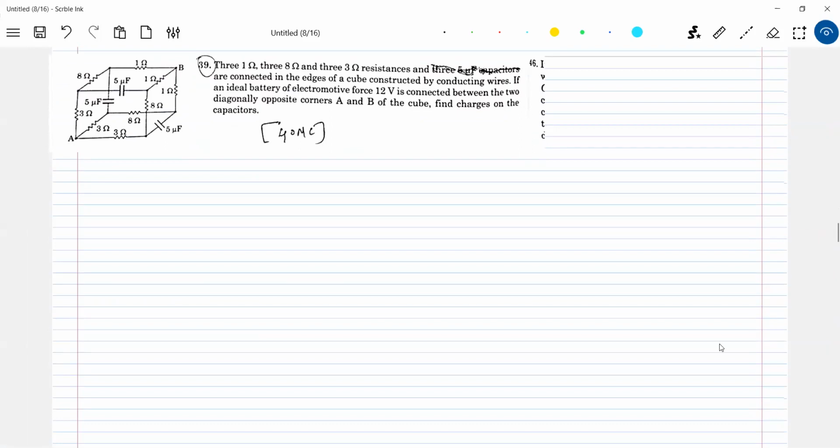3 5 microfarad capacitor, something somebody scribbled here. I think my kid maybe. This is 3 5 microfarad capacitor.